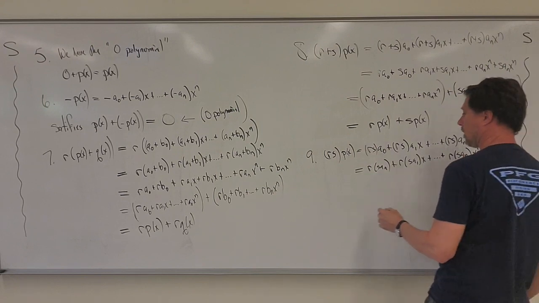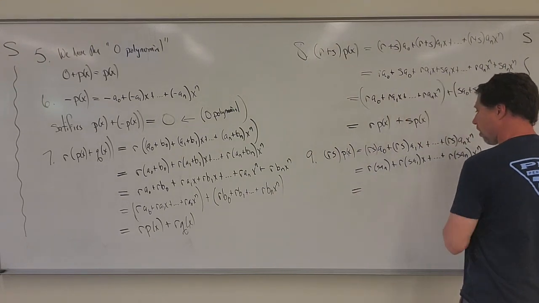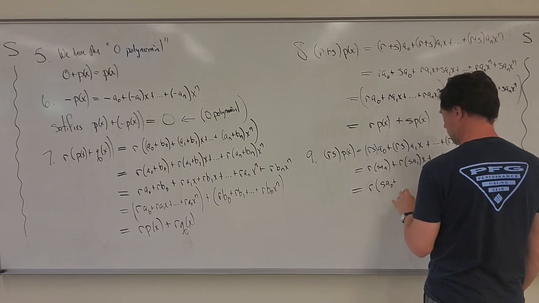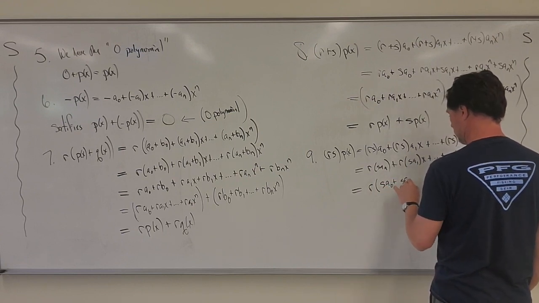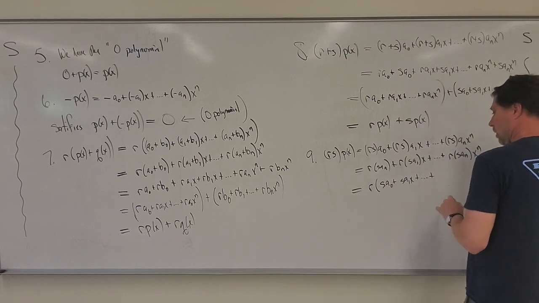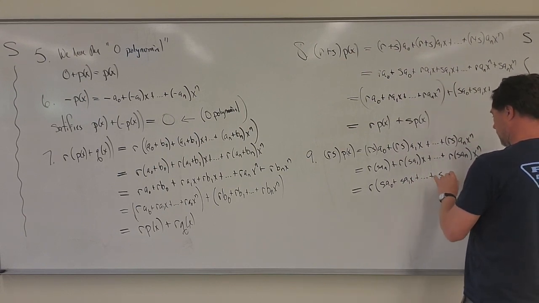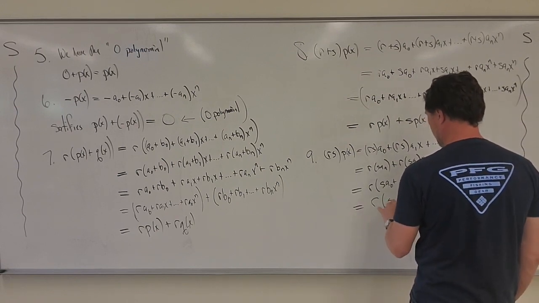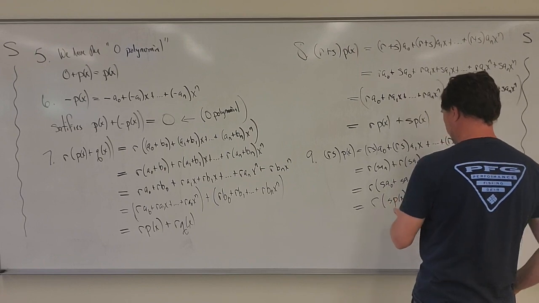And now I can factor an r out of the entire thing. This will be an s a n x to the n, and that is r times s p of x.